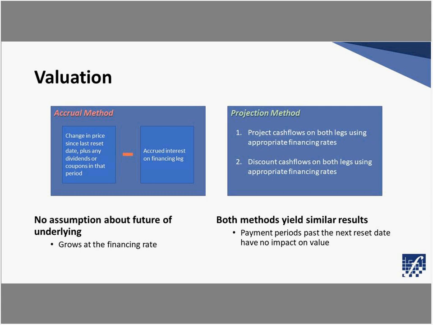With the projection method, there may also be a spread in the asset leg if it involves some extra credit risk. I have to point out, though, that the two points on the bottom may not necessarily hold if you're dealing with a risky asset. That's more for risk-free assets, basically.